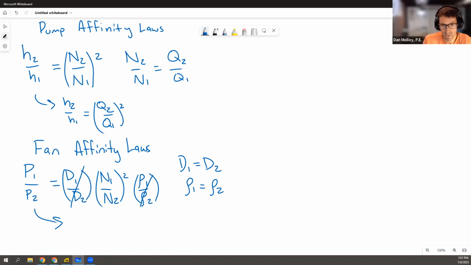So we can say this now equals Q1 over Q2 quantity squared. So we have the same relationship on the air side as we would have for a liquid. And this works as long as the density is held constant. That's the key.